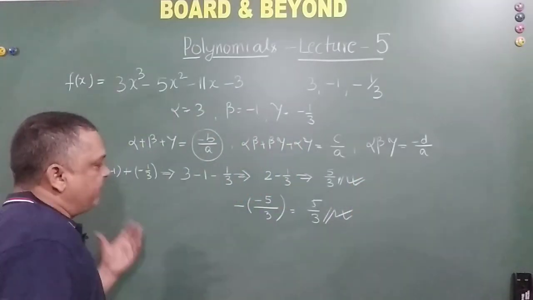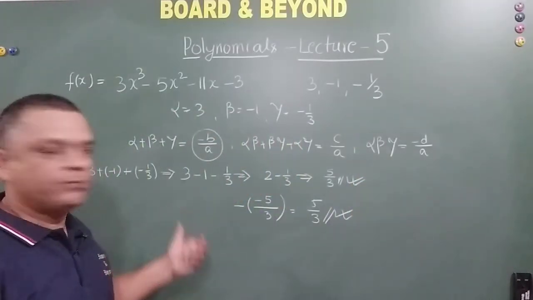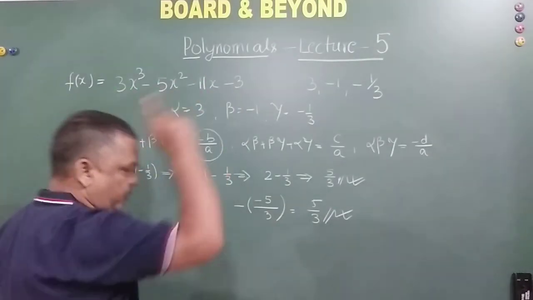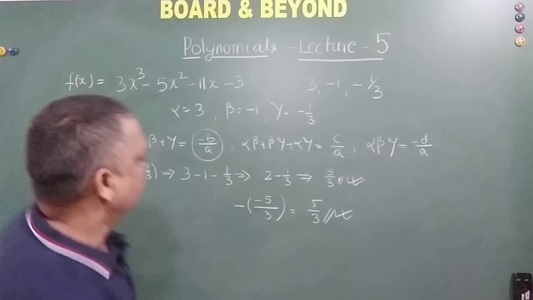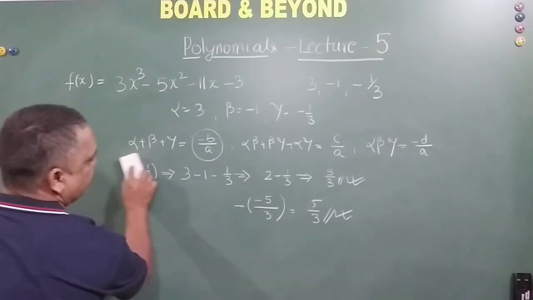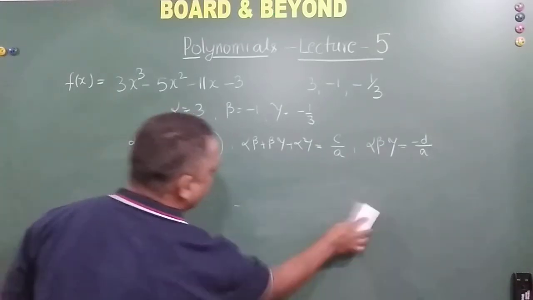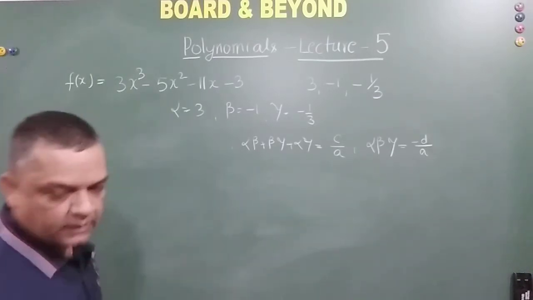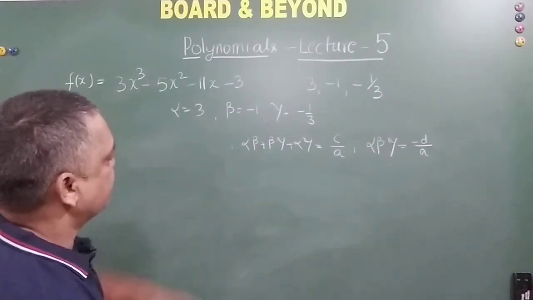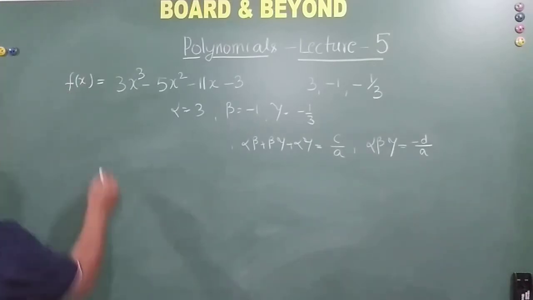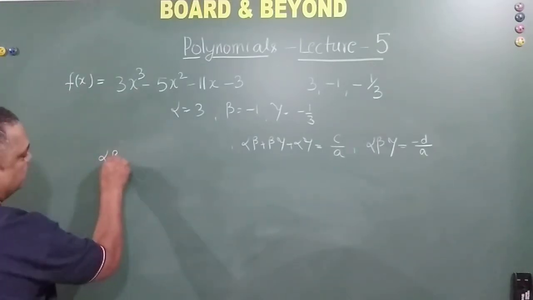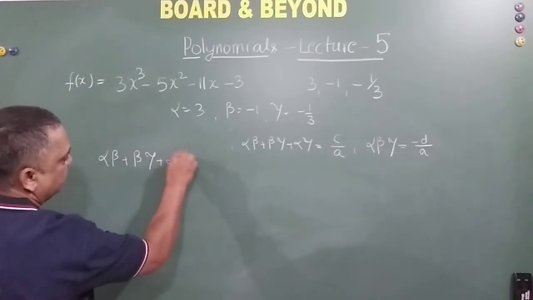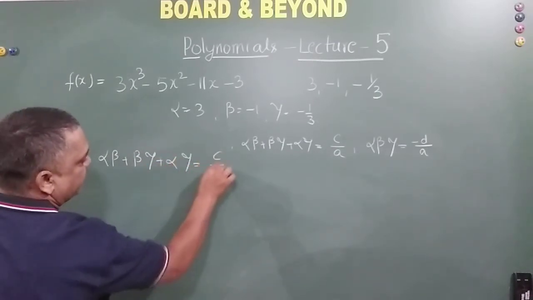So we have verified that alpha plus beta plus gamma is equal to minus b by a holds good for this cubic polynomial. I'll just rub this off. Now we move on to the second term, that is alpha beta plus beta gamma plus alpha gamma is equal to c by a.